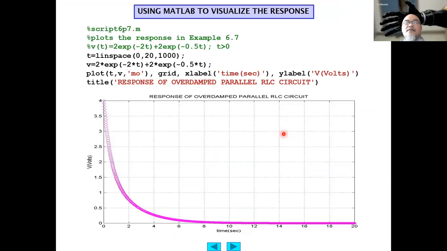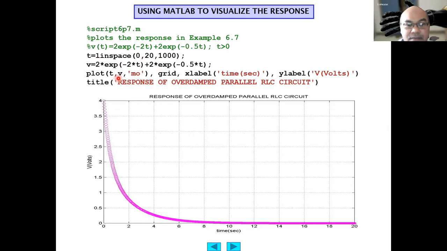Then we can visualize the response using Octave or MATLAB. v(t) equals 2 exponent minus 2t plus 2 exponent minus 0.5t, from 0 to 20 seconds with 1000 points in between.